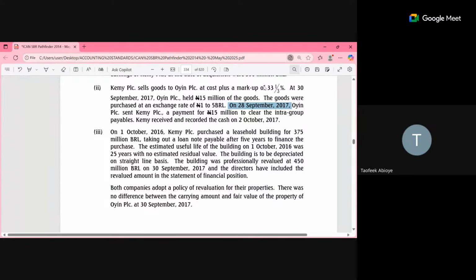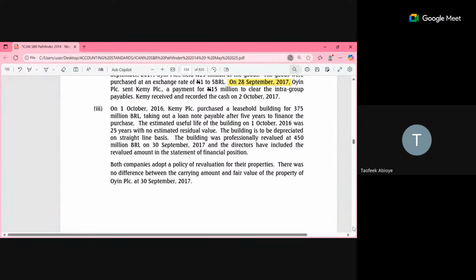So let me also highlight this. Now, let's move to additional information 3. It said Kemi purchased a leasehold building for 375 million BRL, taking out a loan payable after 5 years. The estimated useful life of the building on 1st October 2016, is that before the acquisition date?